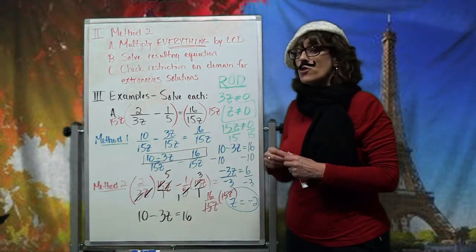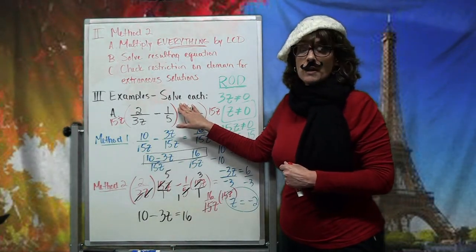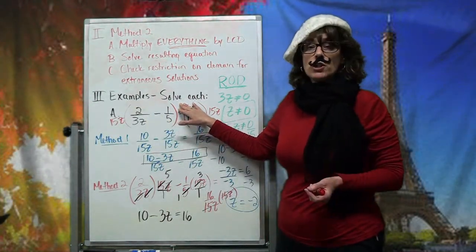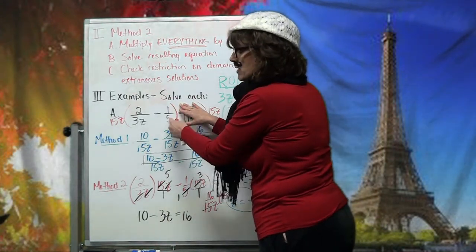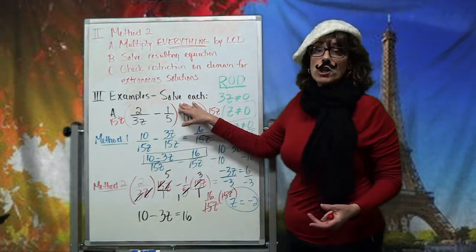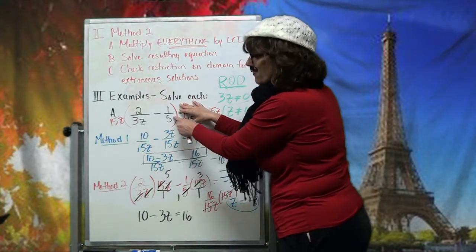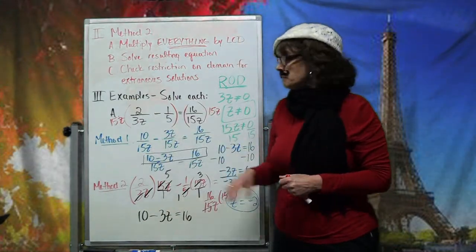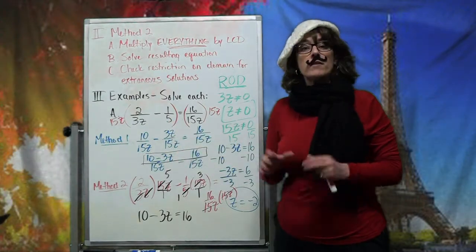And I can do that method, method 1, even when there's not an equal sign. Because when I multiply by 5 over 5, I'm multiplying by a 1. I'm not changing the value of that fraction at all. Same thing here. When I multiply by a 3z over 3z, I'm not changing the value. 3z over 15z simplifies to 1/5. 10 over 15z simplifies to 2 over 3z. This fraction has the same value. This fraction has the same value.